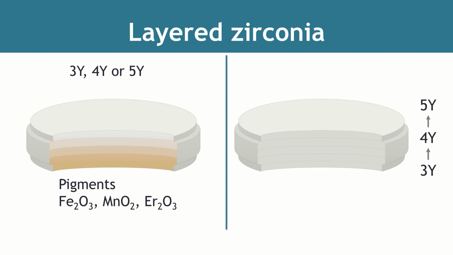And this results in a restoration with the highest strength in the gingival region and decreasing strength, but thus also higher translucency towards the incisal area. This design thereby makes the most of the different types of zirconia in one and the same restoration. It's worth noting that the strength graded zirconia often is also color graded at the same time.